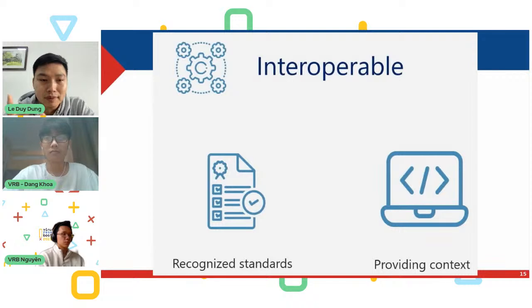Also, if you follow standards, other researchers might be able to immediately reuse the shared data. Providing sufficient context gives the audience a better understanding of how you organized the data and in what context you got this data.